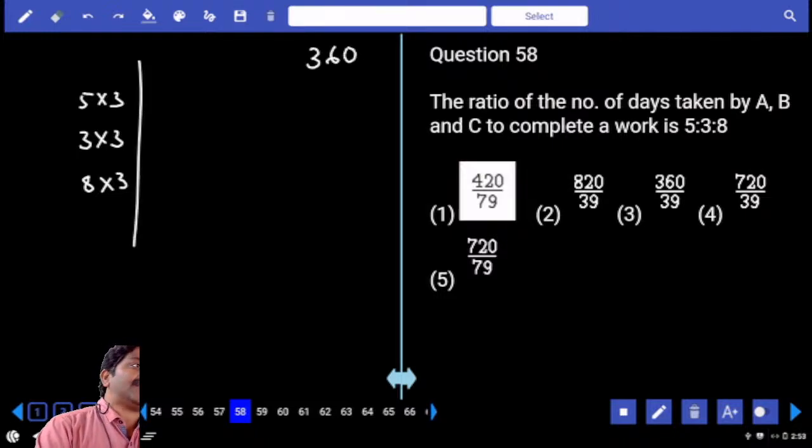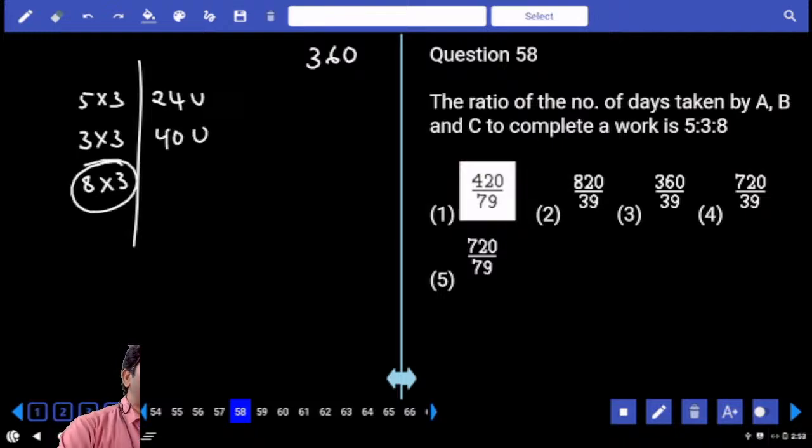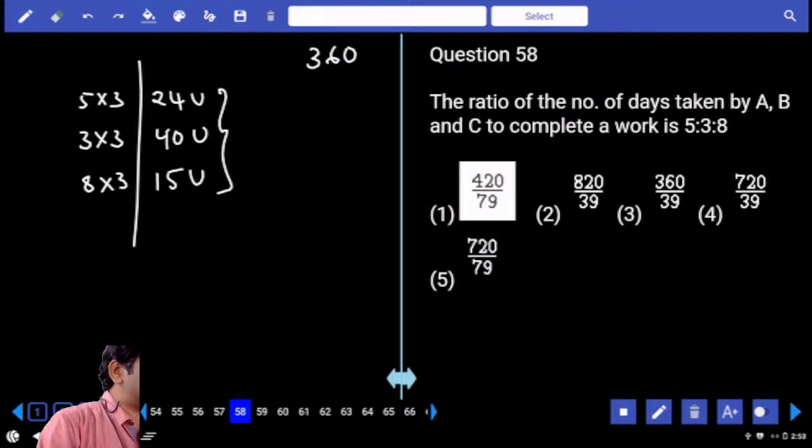360 is total LCM. 5 3 is 15. 15 how many times? 24 units. 3 3 is 9. 9 how many times is 360? 40. 8 3 is 24. 24 how many times? 15 times. This is their actual efficiency.